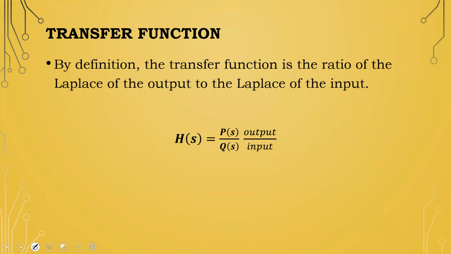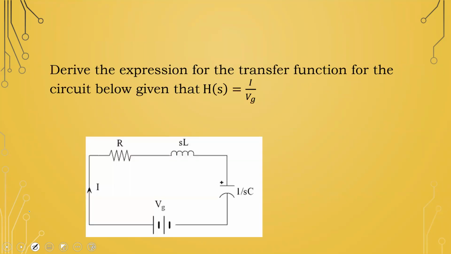Similarly, the input, right? So the transfer function, H of S, is given by output over input, the Laplace of the output over the Laplace of the input. So just to expand a little on this transfer function, we have this simple circuit.